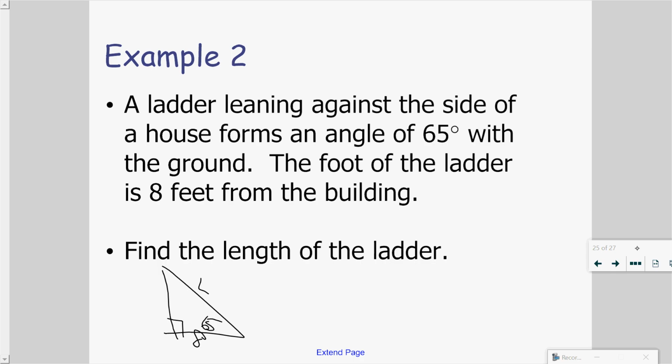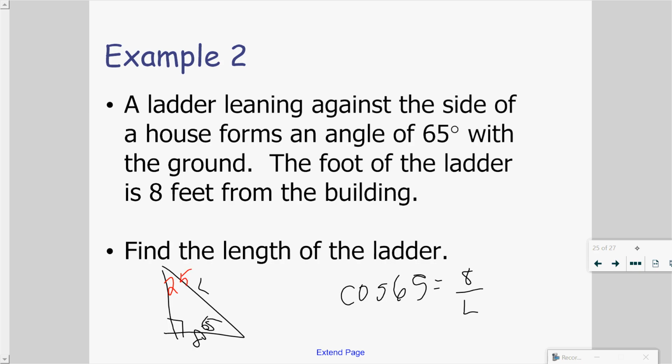Is my picture okay? Put the variable where you want to solve, right? So I put L for the ladder, and that's what I want to solve. So Peyton, what do I want? Sine, cosine, or tangent? I'm going to do cosine. Could I pick sine if I do something different? Good word, right?